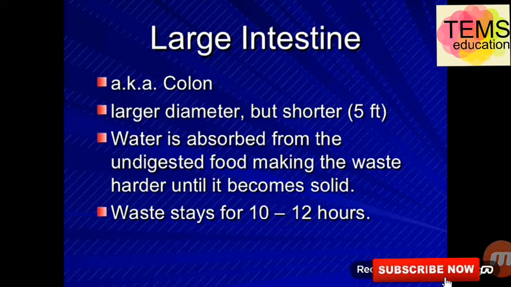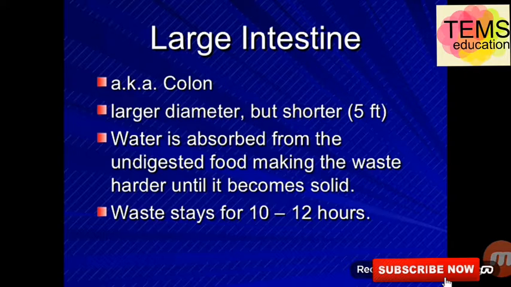The waste products from the digestive process include undigested parts of the food or fluid, and older cells from the lining of the gastrointestinal tract. The large intestine absorbs water and changes the waste from liquid into stool, and it has a larger diameter but is shorter than the small intestine.